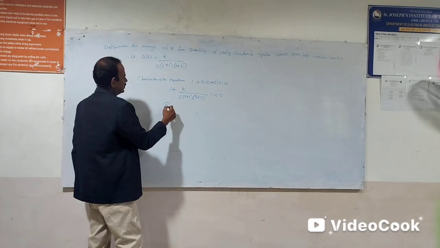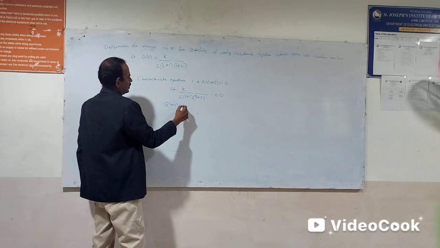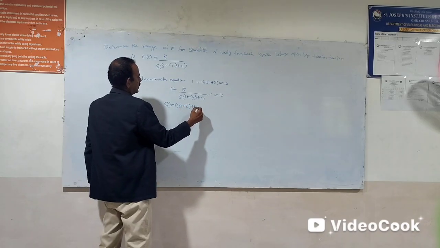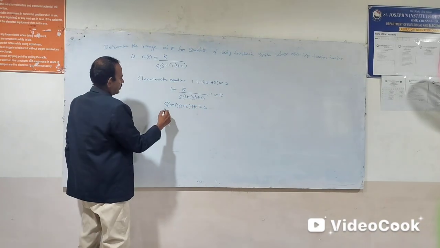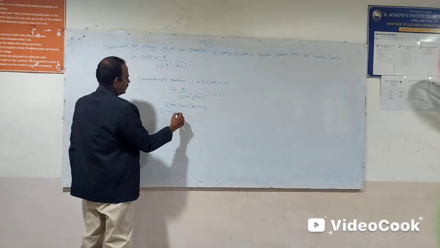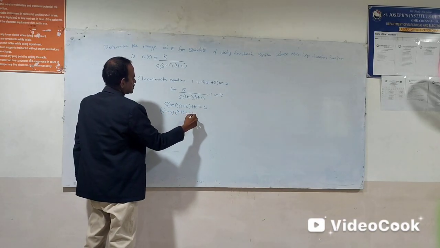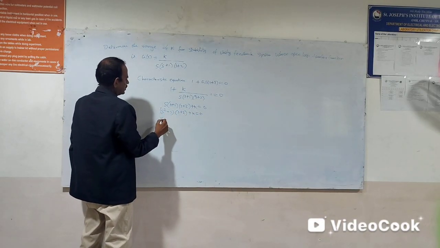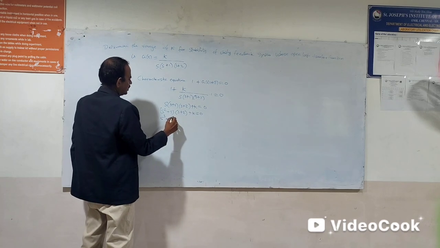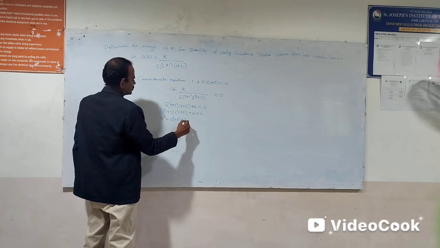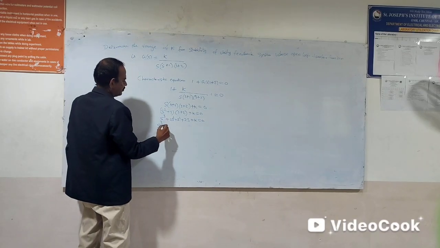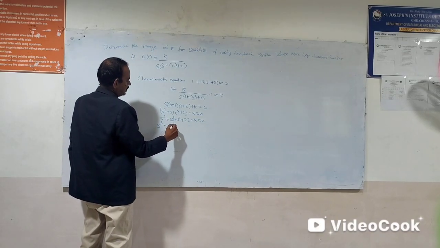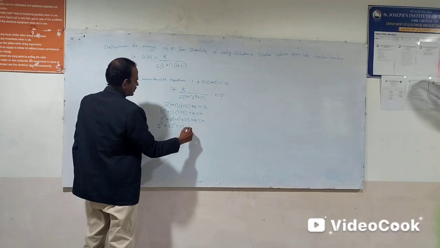So s(s+1)(s+2) + K = 0. From this, s(s² + 2s + s + 2) + K = 0, so s³ + 2s² + s² + 2s + K = 0. So we are getting s³ + 3s² + 2s + K = 0.